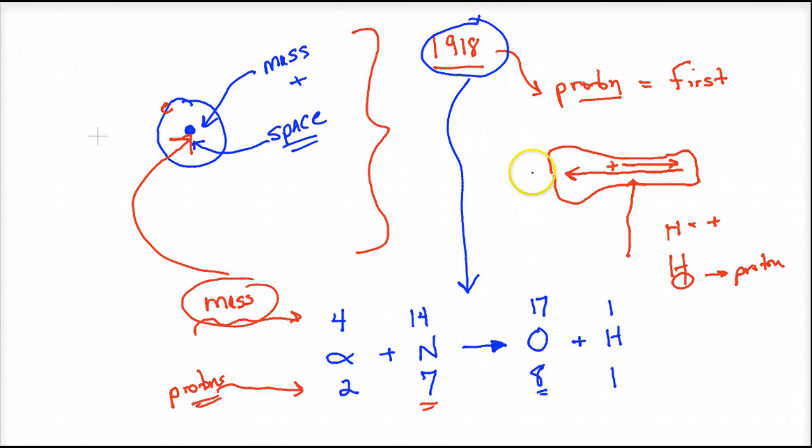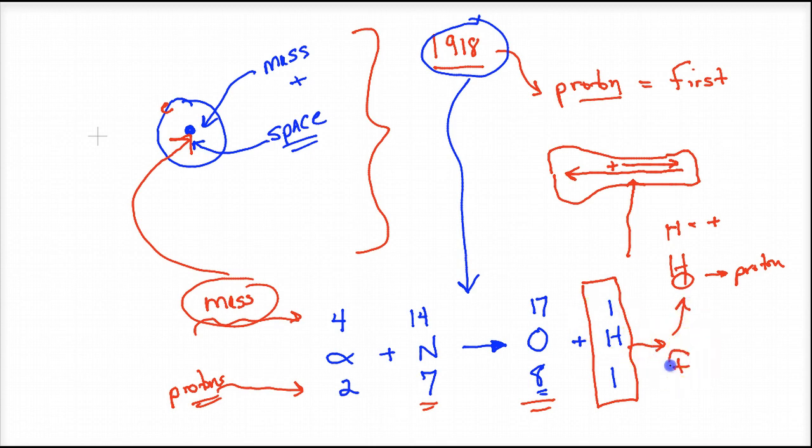But back to the reaction, he was finding through some analysis that when he reacted these alpha particles, which we now know are helium nuclei, into the nucleus of nitrogen atoms that are found in most air, he was making oxygen and a very light element called hydrogen, which was positively charged at this point.